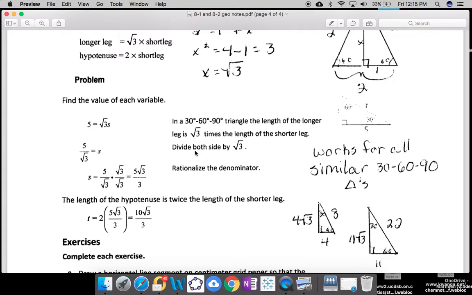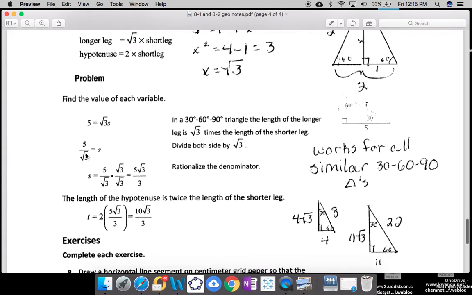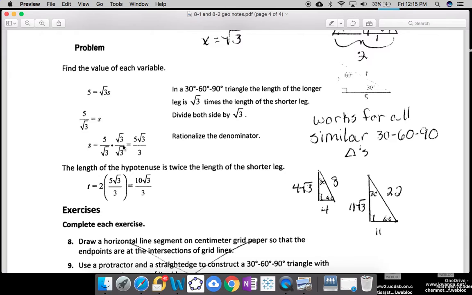So from this, I can see that my S, the short side here, is 5 divided by square root of 3. Of course, you have to rationalize that, which gives us 5 square root of 3 divided by 3, but that's the length of your short side. And then to find your hypotenuse, you just double that. So 2 times 5 square root of 3 over 3 is simply 10 square root of 3 over 3.